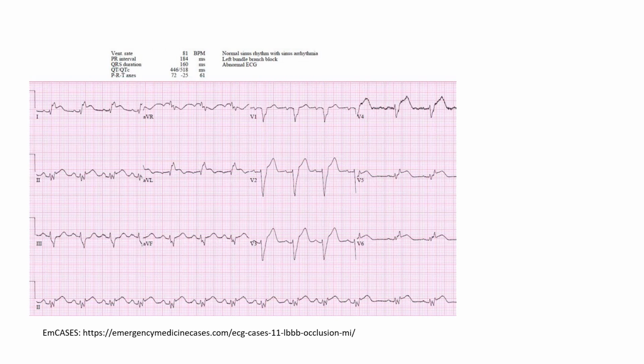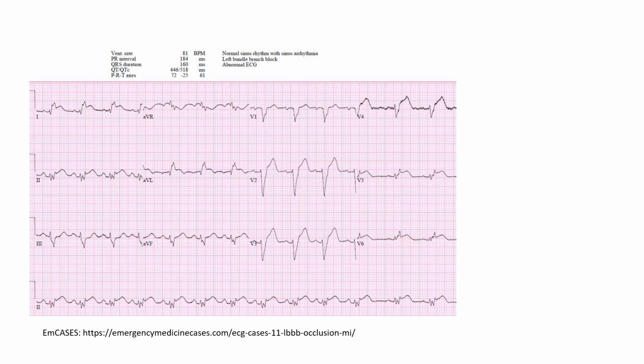So if we jump to where the money is in this ECG, the frequency is 1, 2, 3, 4, 5, 300 divided by 5, which is 60. And what we see is the left bundle branch block configuration, with a fat V in V1 and M configuration in V6.